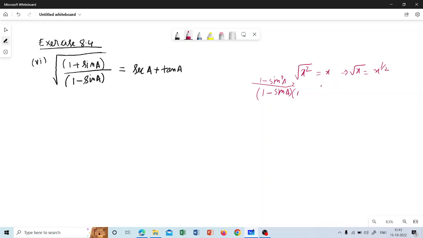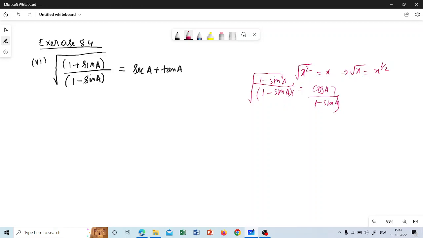This is not required, but I am just telling what will happen. So inside the square root, 1 minus sine square A is nothing but cos square A. So square root of cos square A is cos A, by 1 minus sine A. There is a little bit of difficulty here because we don't want any term in the denominator as well.